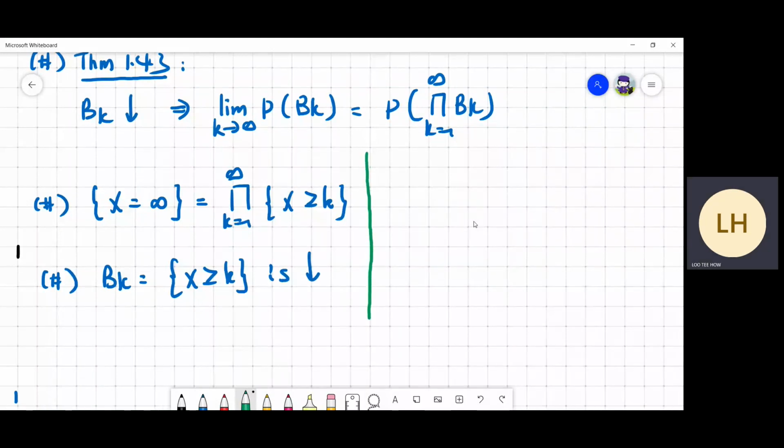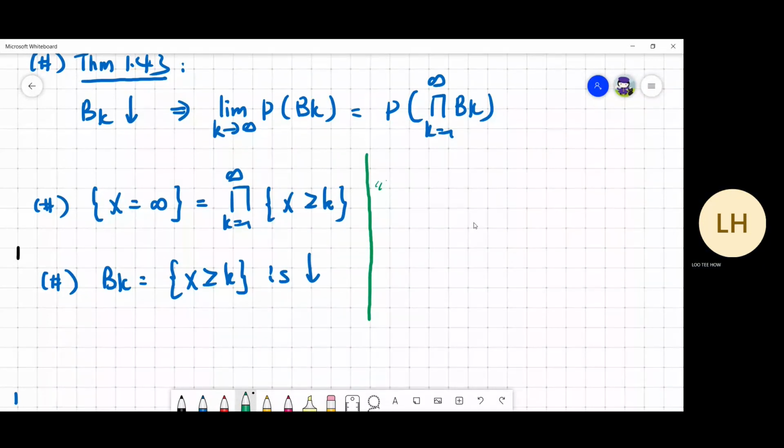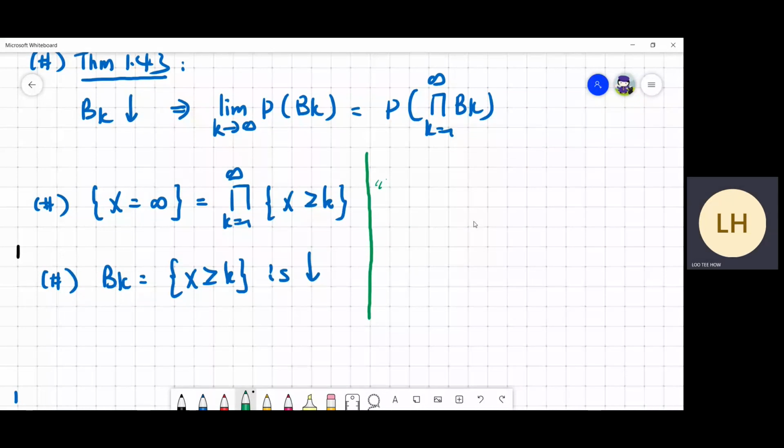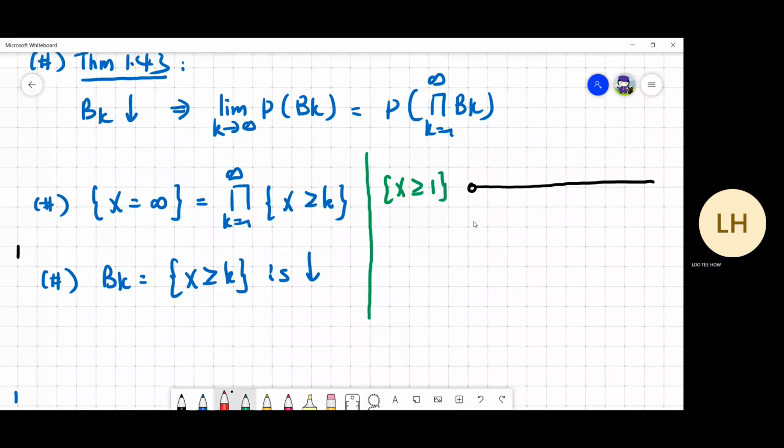Okay, so you can easily check when k equals 1. When k equals 1, that will be X greater or equal to 1, right? So let's say this is 0 and it goes up, and 1 is here. Then that will be this part, X greater than 1.